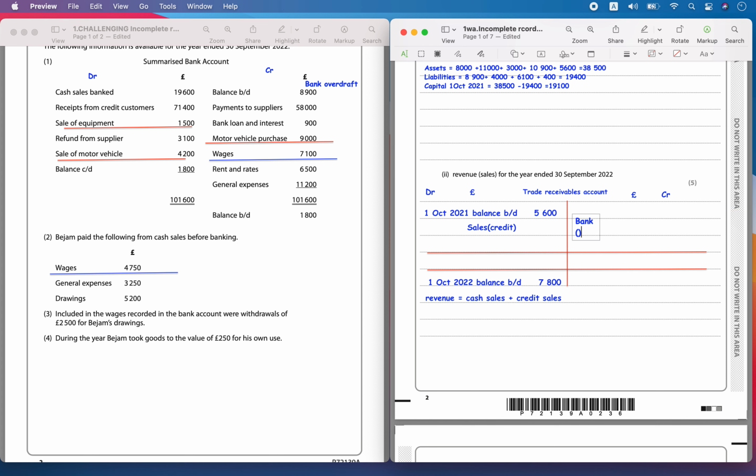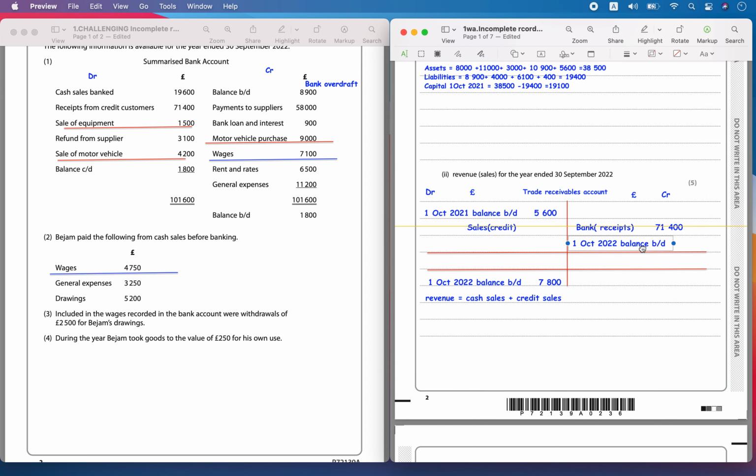To understand, it is receipt from the customers, around 71,400. You made some sales, so some people paid back 71,400, and then we have to calculate what the sales were.